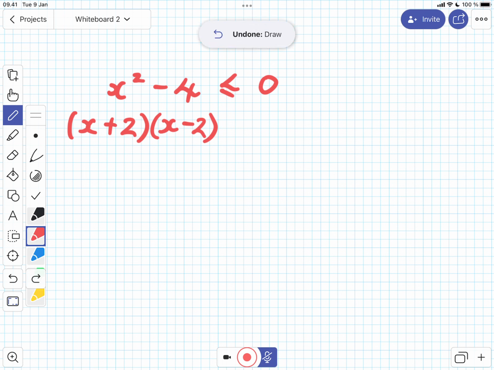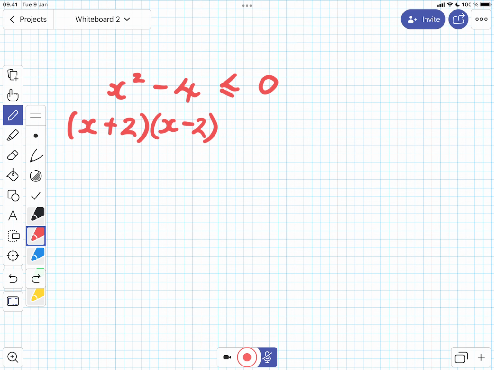So for a quadratic factorization, we're looking for factors of minus 4 that add up to 0. So 2 times minus 2 makes minus 4, and they add up to 0.